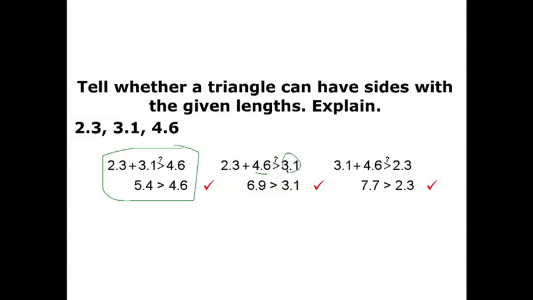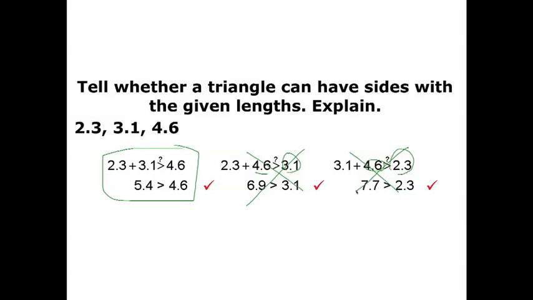Well, of course it is, because 4.6 is already bigger than 3.1, and now I'm going to add something to it? Yeah, it's going to be bigger. Same thing over here. Is 4.6, if I add a positive number to it, going to be bigger than 2.3? Yeah.